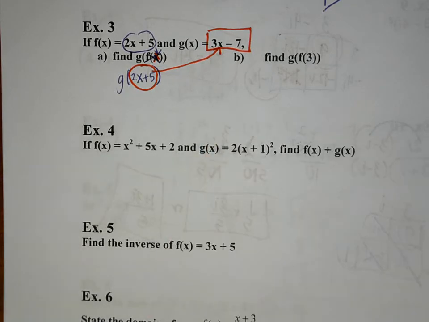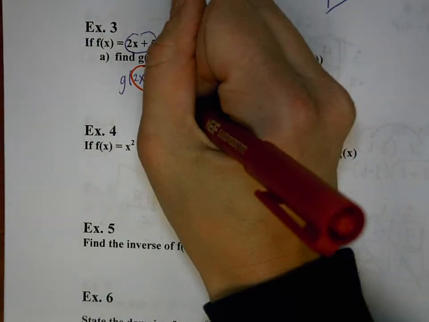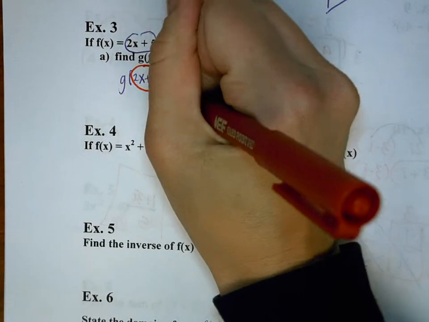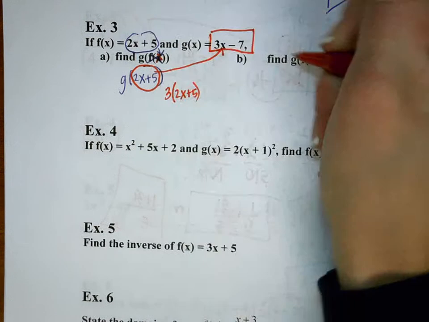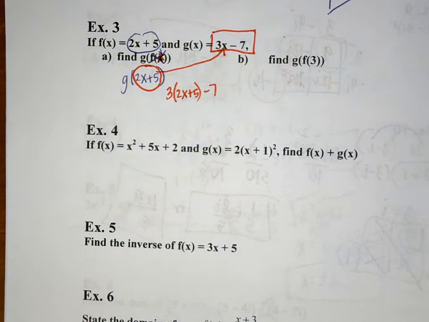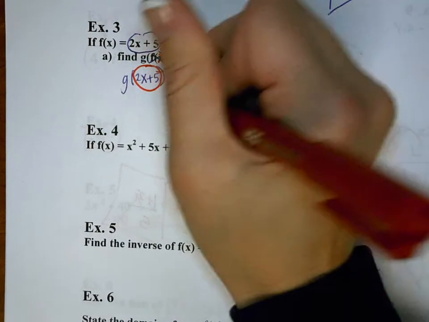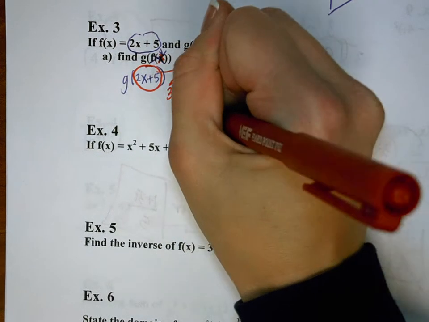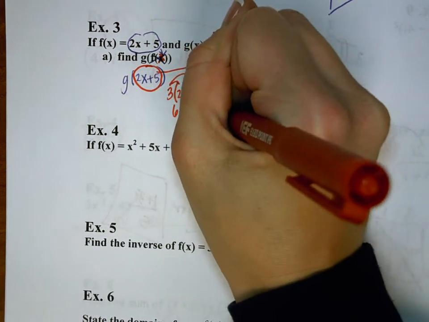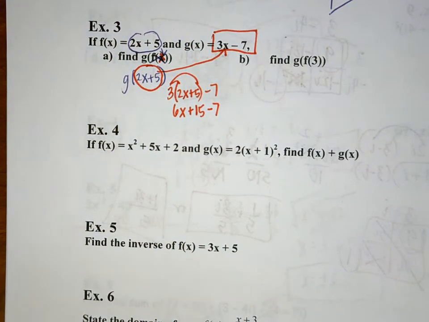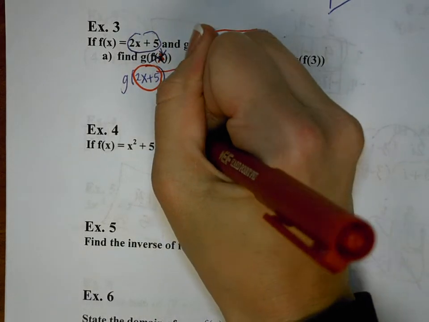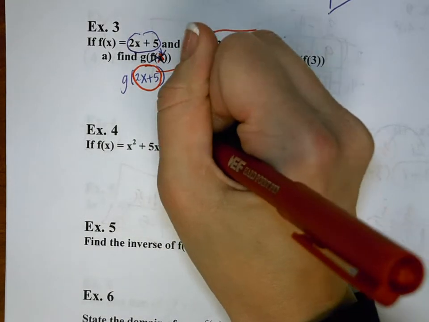So when I write this, how am I going to write it? 3 times 2x plus 5 minus 7, and then you'll simplify. So we distribute 3, and we get 6x plus 15 minus 7, and then you can simplify, and we get 6x plus 8. And that is our answer.